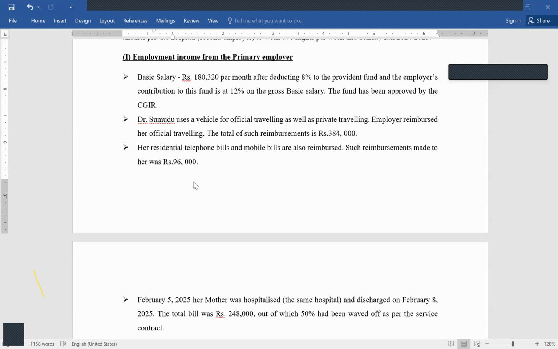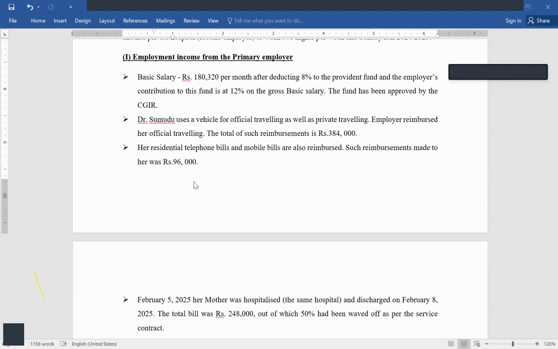Imagine she goes on a trip. The petrol bill for this trip is paid by her employer. The employer reimbursed the fuel expenditure incurred by Dr. Sumudu for her private use.